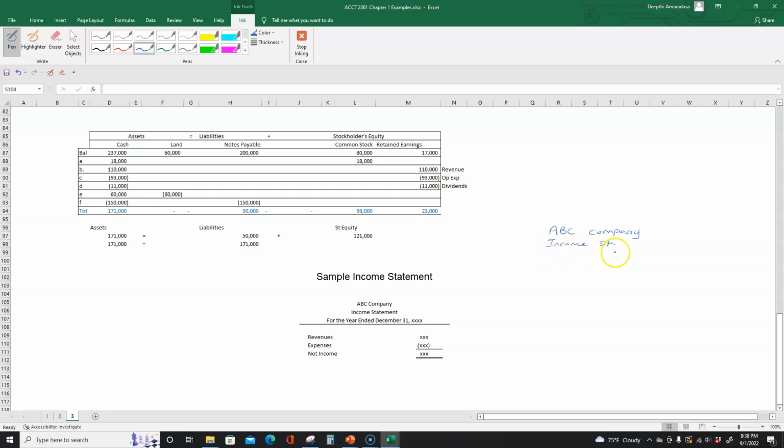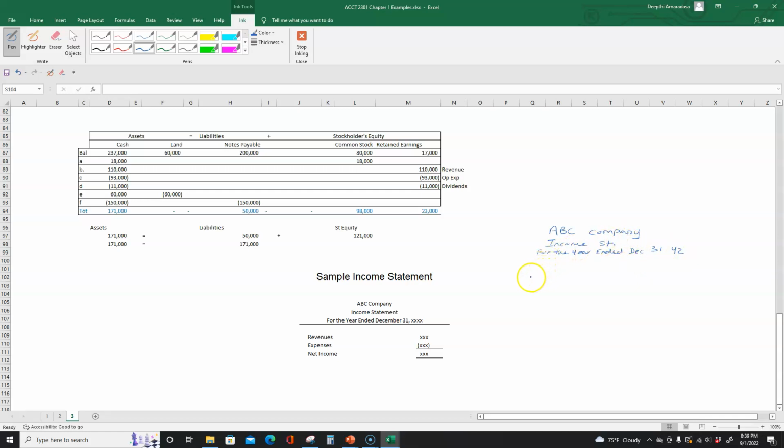And I will abbreviate to make things quick, but when you're looking at formal financial statements, you do have to write out everything in full. And then this would be for the year ended December 31st of year 2, which is what we're looking at for this example.